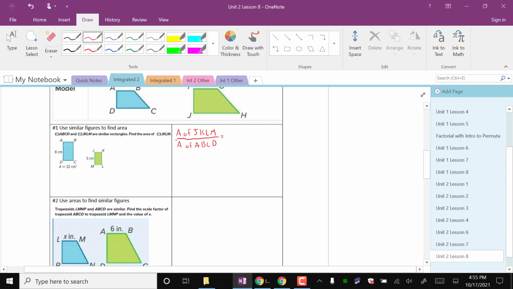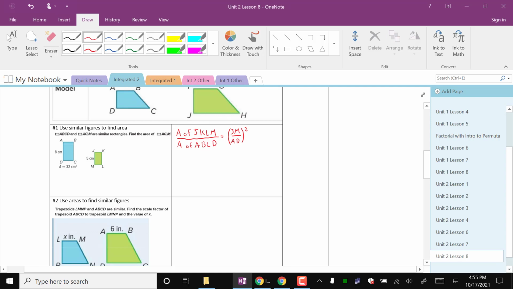Now we need to pull a side from both of these. They need to be the same side with respect to their figure. So if we look, JM, and we also have AD. So JM over AD, and this is going to be squared. I pulled that from the theorem.